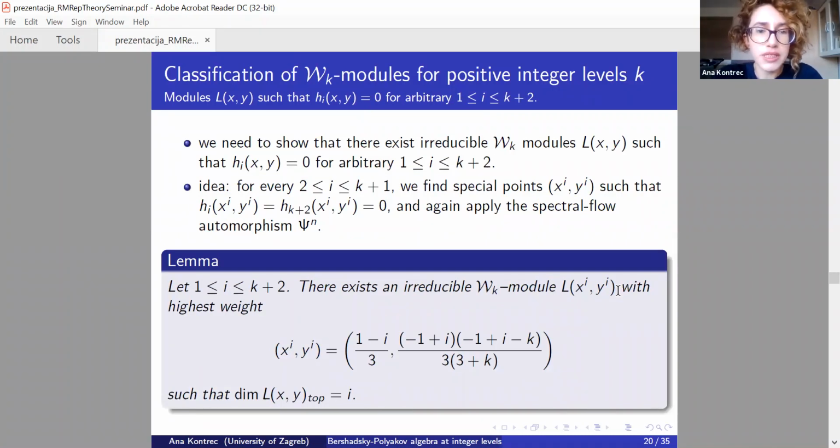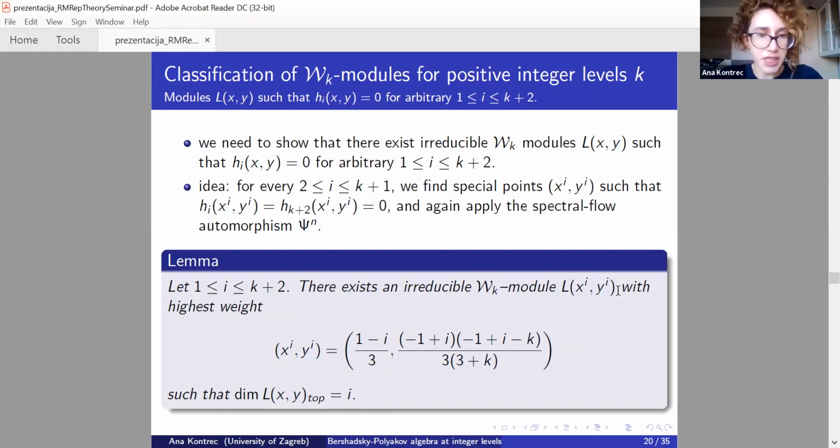So we do this by basically referring back to hk plus 2. So we just find a point for every i between 1 and k plus 2. We find a point so that hi of this point is equal to hk plus 2 of this point, which we know is equal to 0.